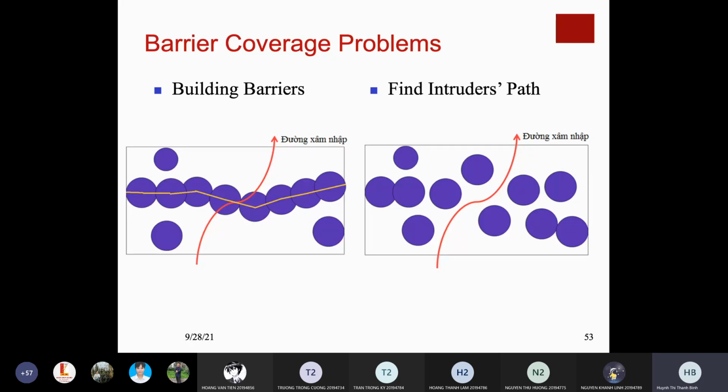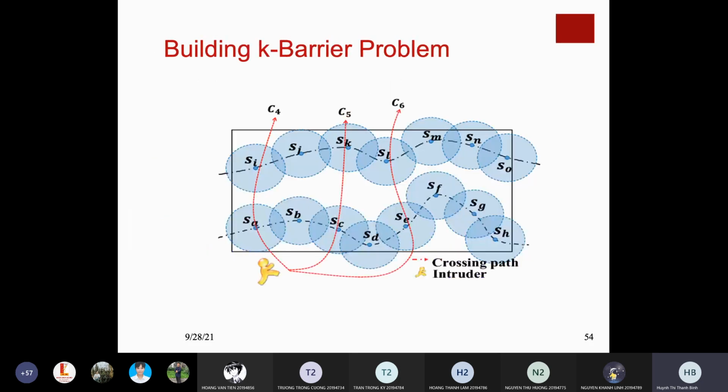So we have to evaluate the barrier coverage. But in some problems, they have to build a K-barrier. In this case, it's a two-barrier: the first row of sensors and the second row. So we call it two-barrier or K-barrier.